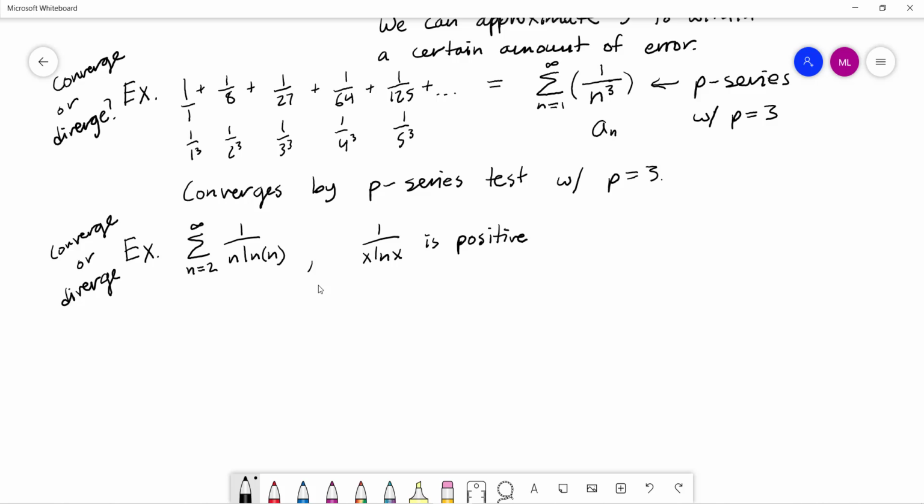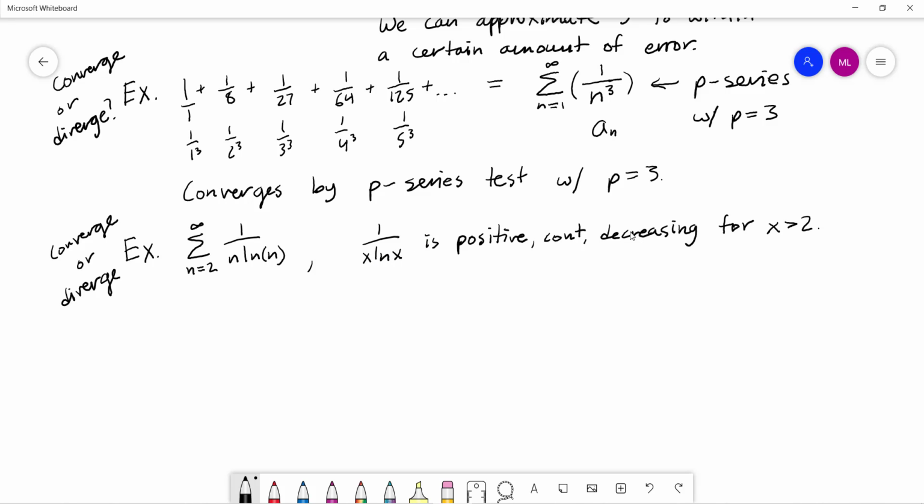It's continuous, and it's decreasing for x greater than 2, certainly, which is the only region that we care about. Basically, I have a fraction, 1 over this number. If this number gets larger as x increases, then the overall number will be decreasing. And so x is increasing, log of x is also increasing, their product will certainly be increasing as well.